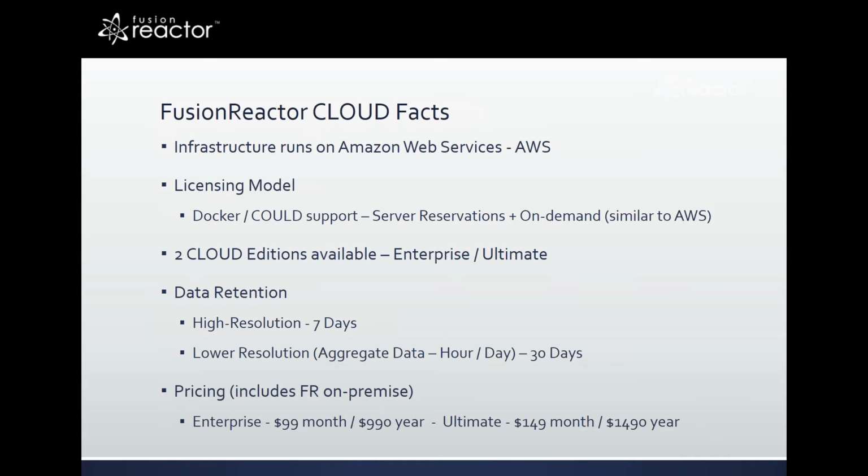The licensing model, let's say a few words about that. With the advent of FusionReactor Cloud, we're changing how the licensing is done, and we want to try and accommodate a more flexible model which supports static and dynamic server monitoring.